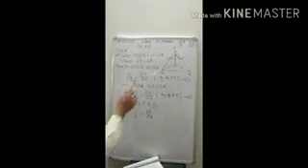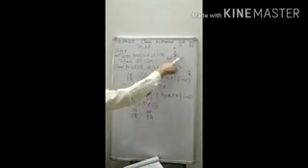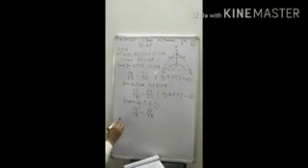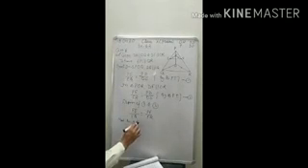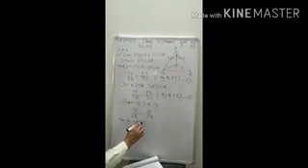Now, what do you have to prove? You have to prove that EF is parallel to QR. For that, now you take the bigger triangle PQR. In this triangle, what have you proved?